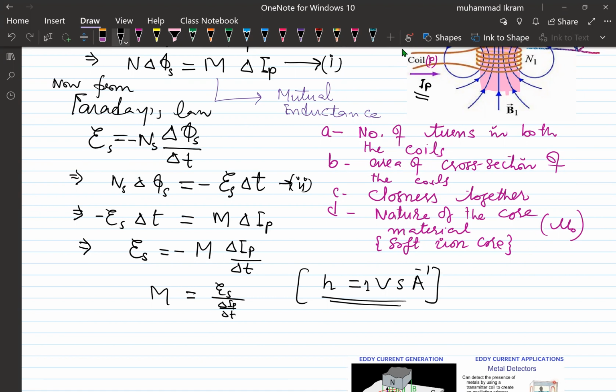All the factors I told, those are the possible factors. Here the negative sign indicates the direction of the induced EMF.